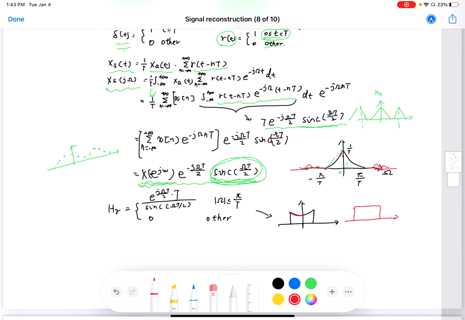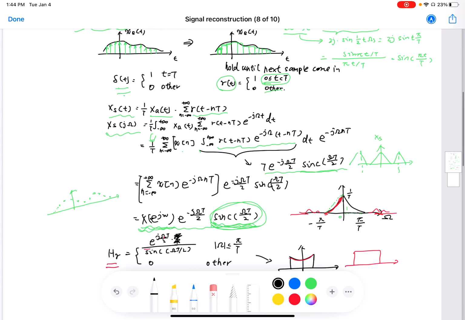We should use this filter to adjust for the curve. So now Hr equals e to the j omega T divided by 2 times T divided by, oh sorry, I think there is no T here. There is no T here. Divided by the sinc function.